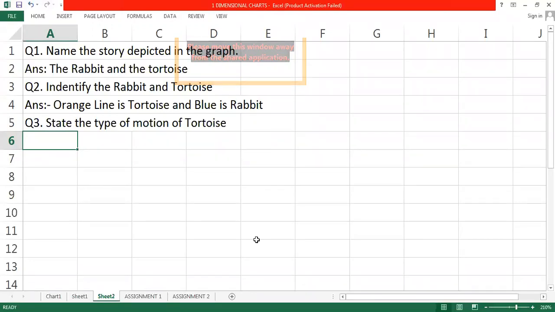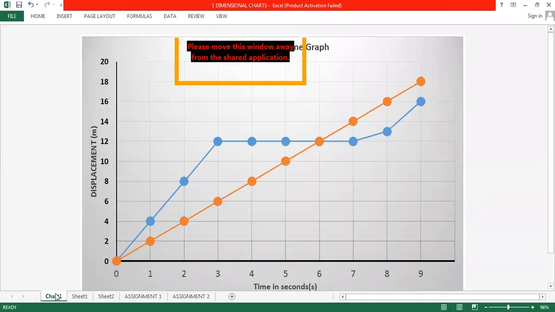Type of motion. Very good, Savni. Vidula, just correct your answer. Sarika, Mahesh, Om, Savni. Yes, brilliant answer. Okay, you want me to show the graph? Look at the graph and say the type of motion of tortoise. Yes, very good, Krish. That's the answer.